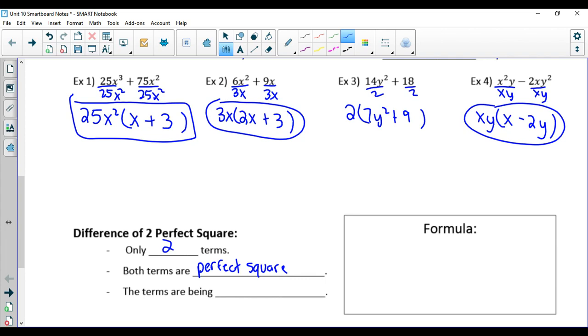Remember, perfect squares are things like 2 times 2 is 4, so 4 is a perfect square. 3 times 3 is 9, 9 is a perfect square. 5 times 5 is 25, a perfect square. x times x is x squared, so x squared is a perfect square. y times y is y squared, so that's a perfect square. So both of them have to be perfect squares, and difference means what operation? Subtraction. So the terms have to be subtracted also for this to work.